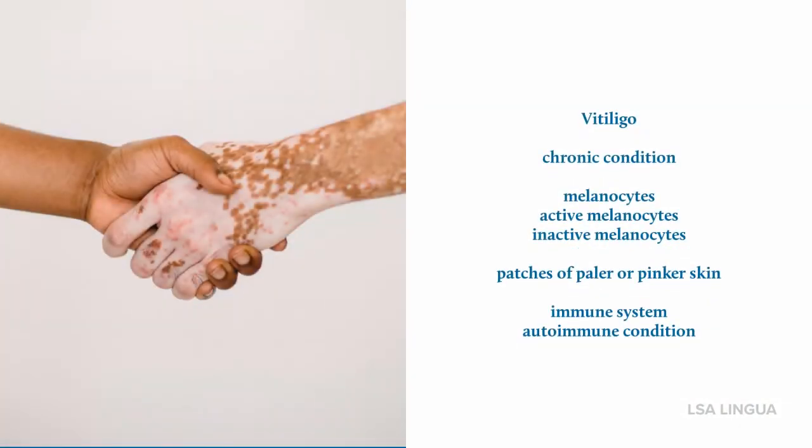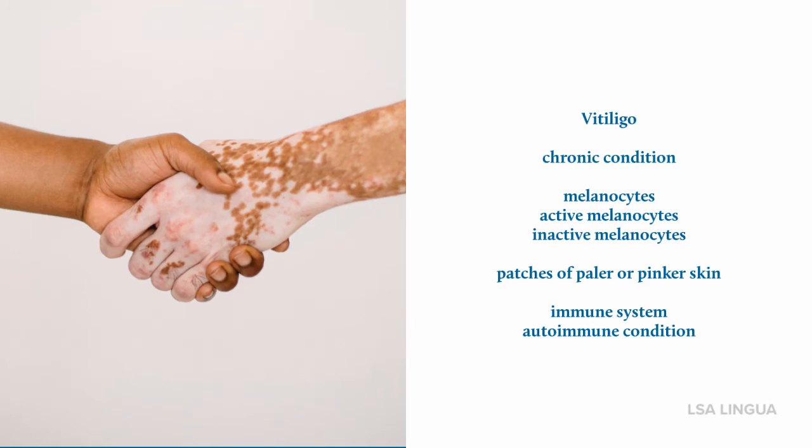Vitiligo. Chronic condition. Melanocytes. Active melanocytes. Inactive melanocytes. Patches of paler or pinker skin. Immune system. Autoimmune condition.